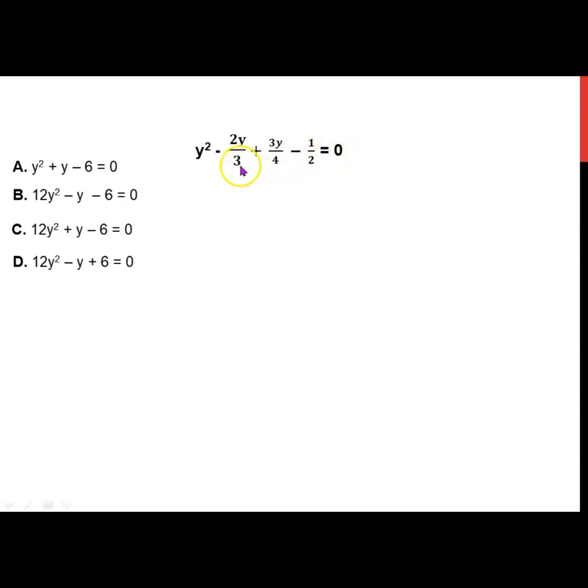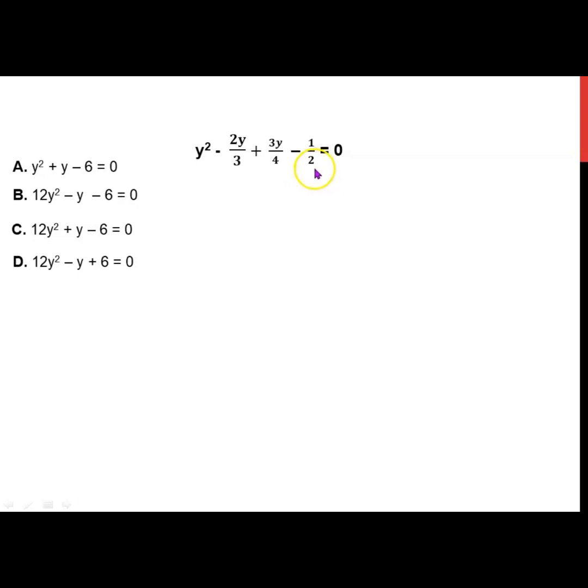Now we see that we have 3 as denominator here, and 4 here, and 2. 3 goes into 12, 4 goes into 12, 2 goes into 12. We use 12 as the LCM of the three numbers.